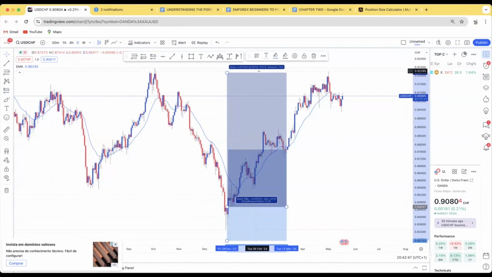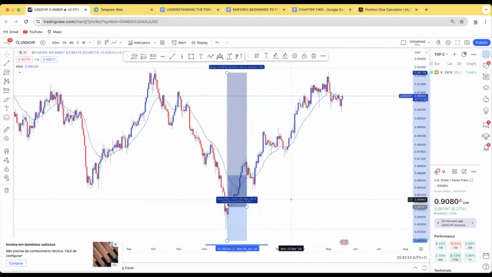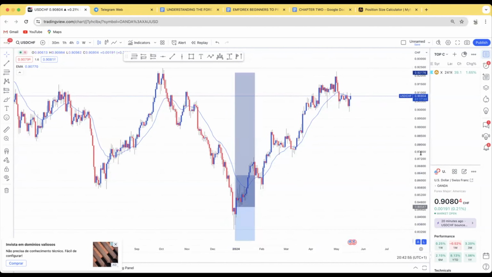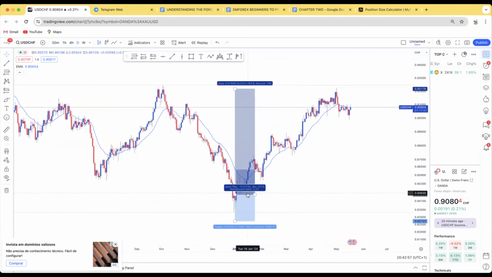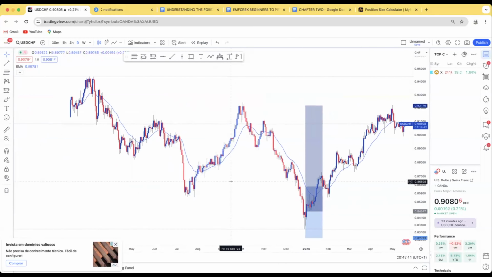You would have been in about 762 pips drawdown on a 0.01 standard lot size. That is about $76 or thereabout. So this is the reason why you need to have a protective stop.